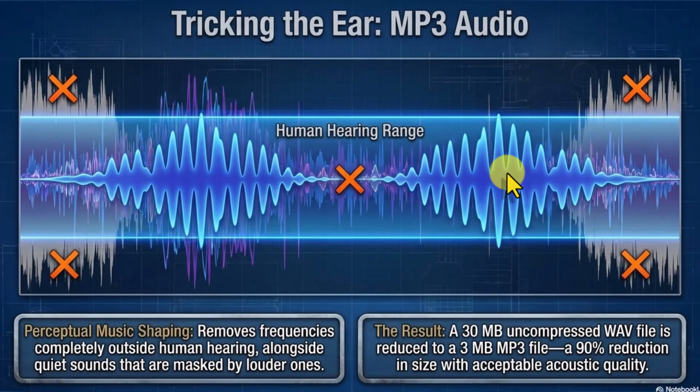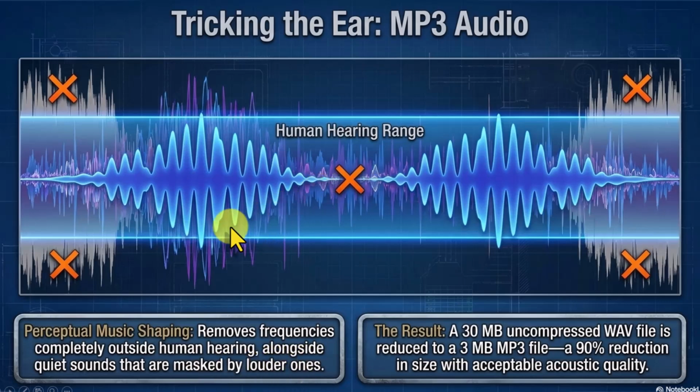Or for example, in audio, MP3 audio keeps the human hearing range and removes other things. Perceptual audio shaping removes frequencies completely outside human hearing, things that humans cannot hear. Those frequencies will be deleted, alongside quiet sounds that are masked by louder ones.